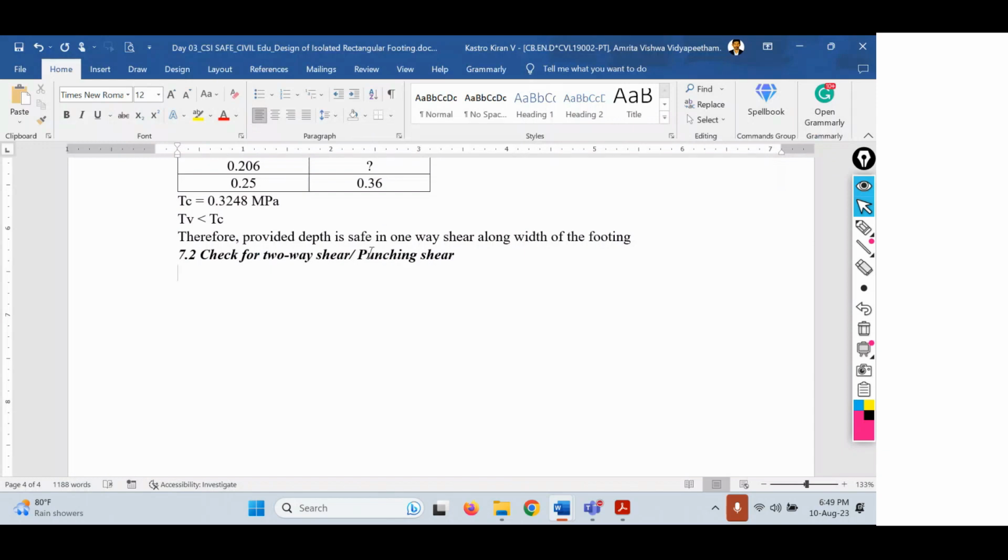The critical section for two-way shear is considered at a distance d by 2 from the face of the column on all sides. Let me show you that image so that it will be clear for you.